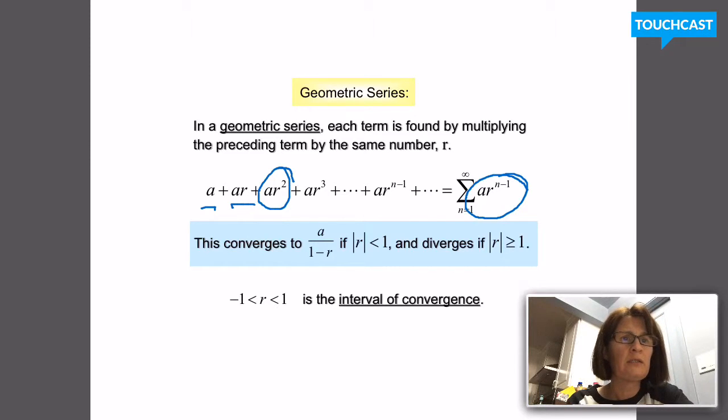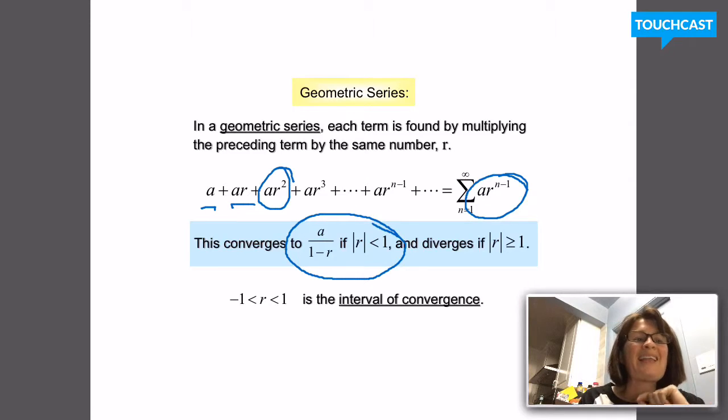So this statement here, the sum of that infinite geometric series will be the first term, a, divided by 1 minus r, 1 minus that ratio that you're multiplying by, which is going to be really convenient, and that works as long as the absolute value of r is less than 1.